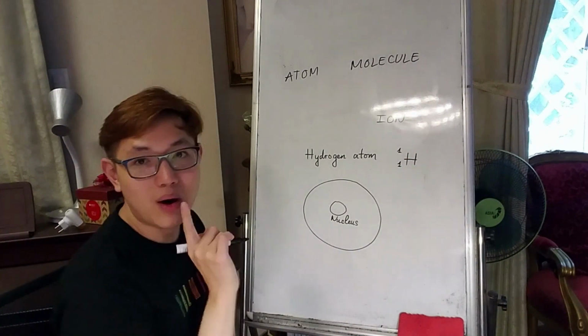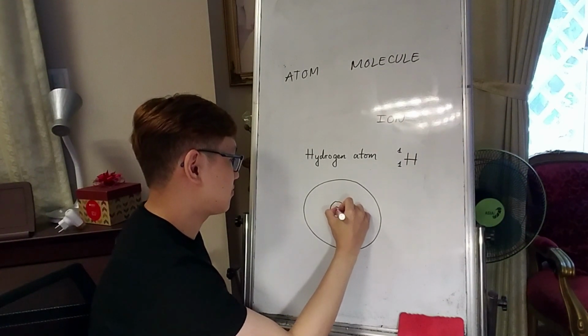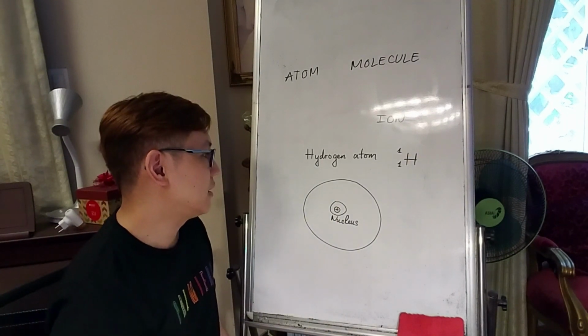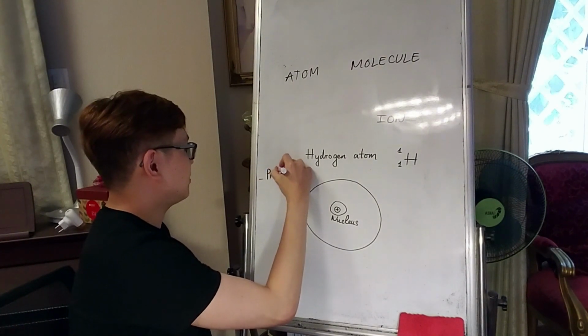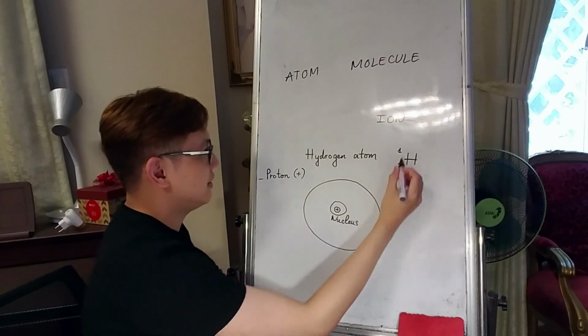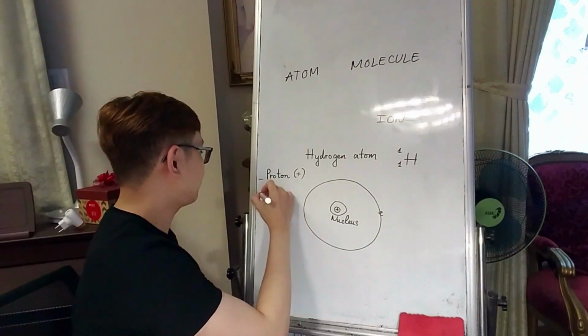So it has only one proton in the center. And it doesn't have any neutrons, so basically it has a proton which bears the positive charge. It also has one electron flying around it in orbits.